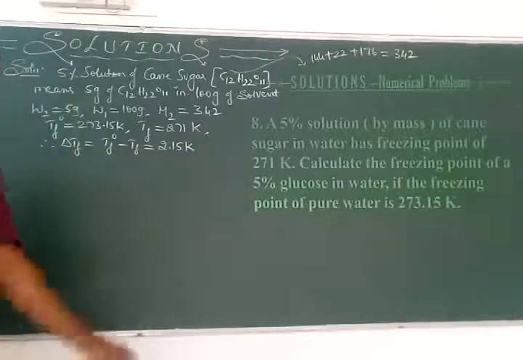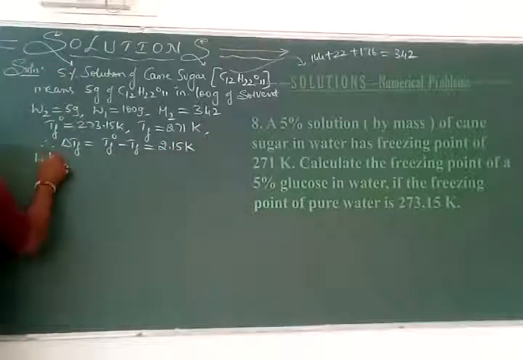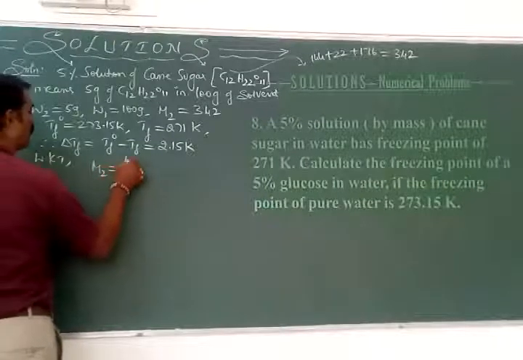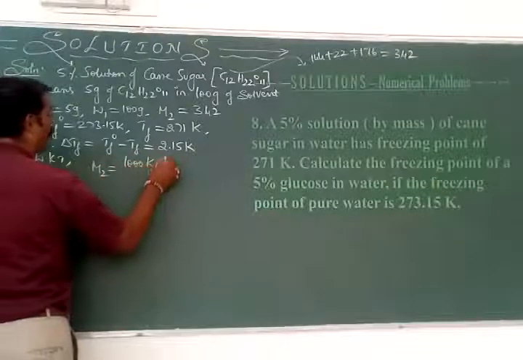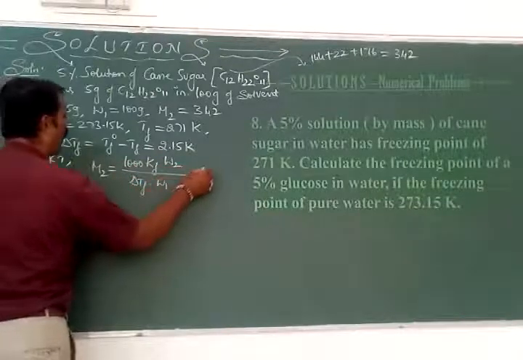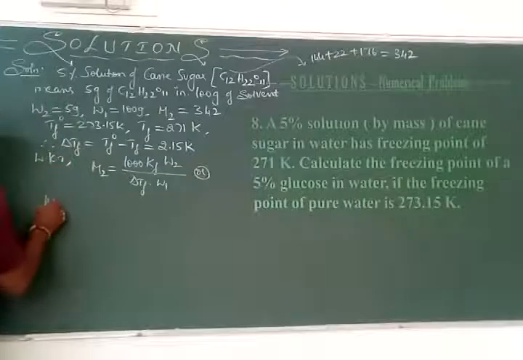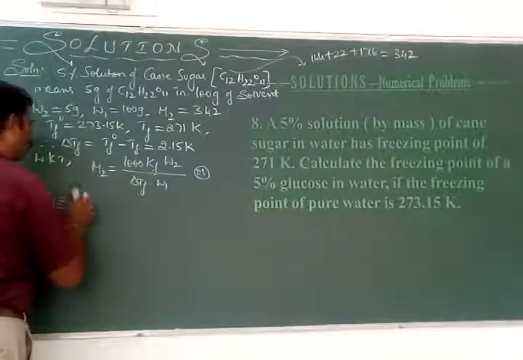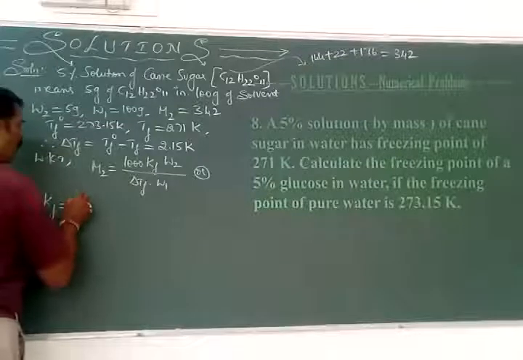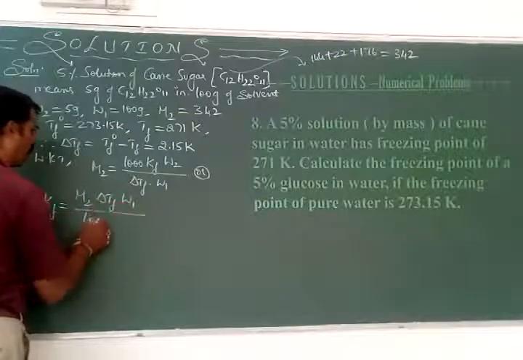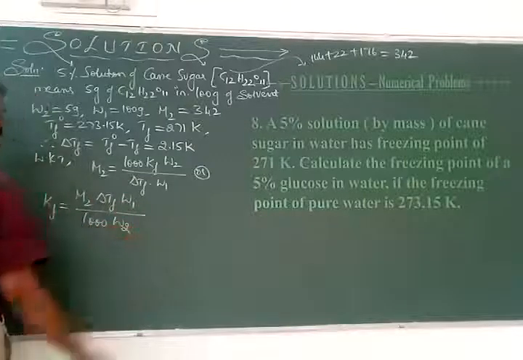Okay. Now, we know what is the first formula? M2 is equal to 1000 times the K of W2 divided by delta TF into W1. I need KF first, because KF is equal to M2 into delta TF into W1 divided by 1000 times the value of W2.